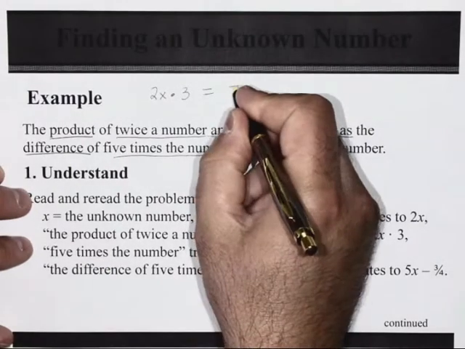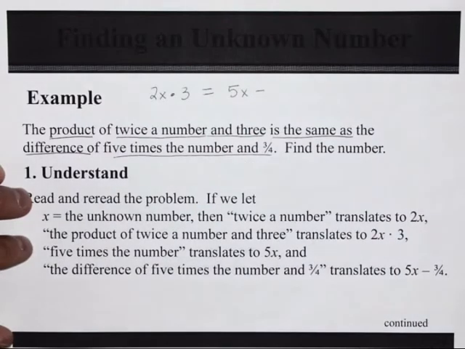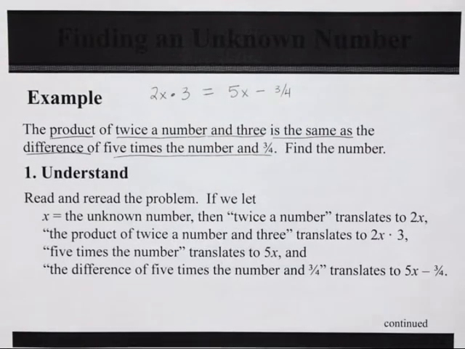So 5 times the number is 5x. Difference is subtraction, and 3/4. Okay. So that is the equation that we can write from those written words. So essentially we're translating the written words into the language of math using those key phrases.